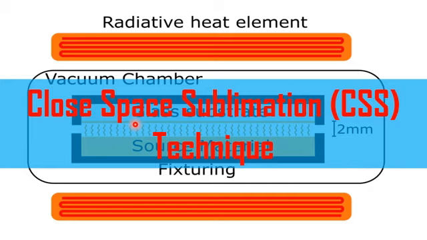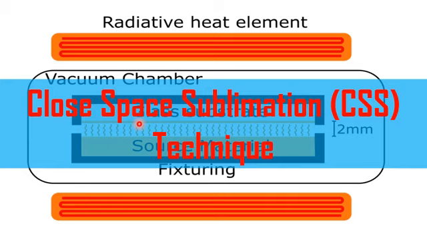In close space sublimation, we basically evaporate a precursor material. A precursor is a material of which we want to make a thin film.